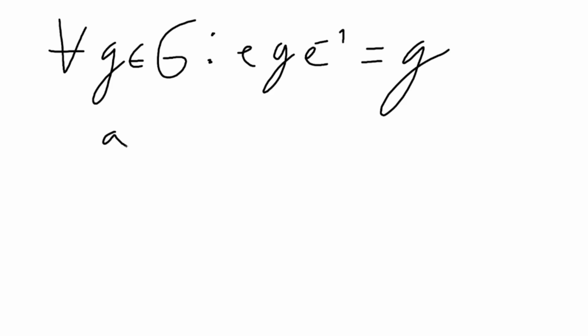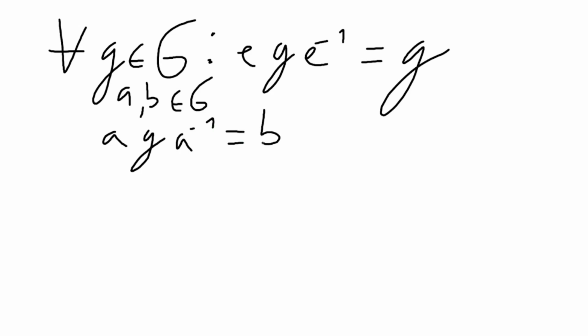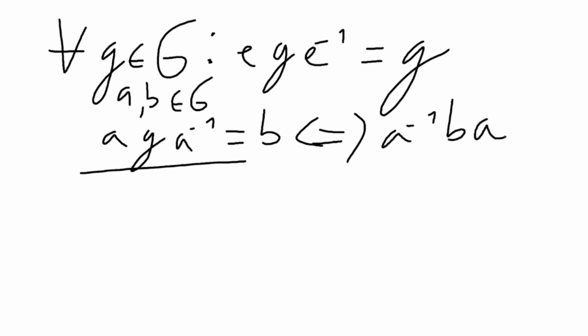If we have A and B in G, and A G A inverse equals B, that's if and only if G equals A inverse B A, after applying A inverse on the left side and A on the right side.